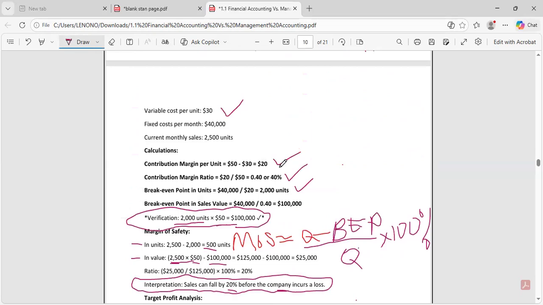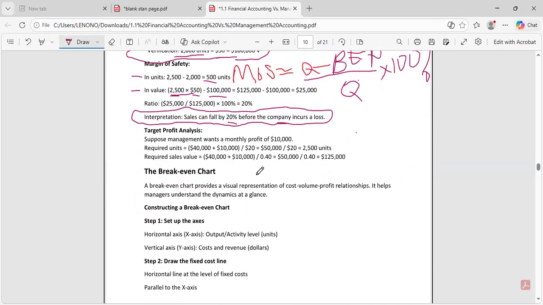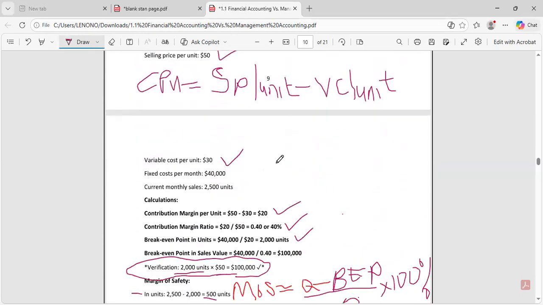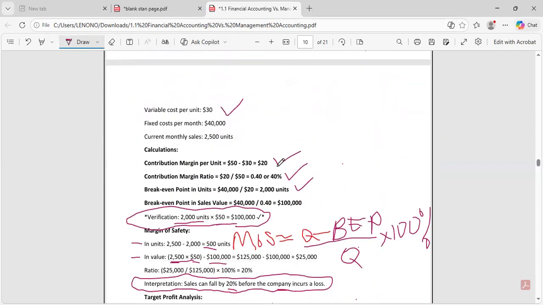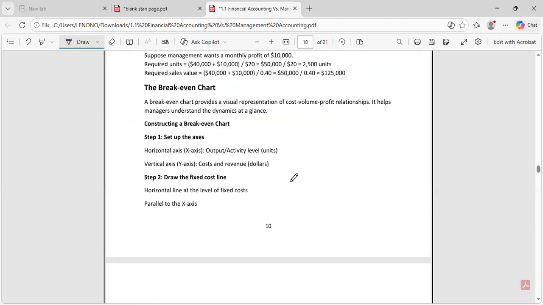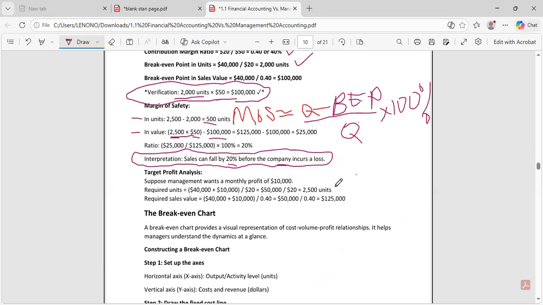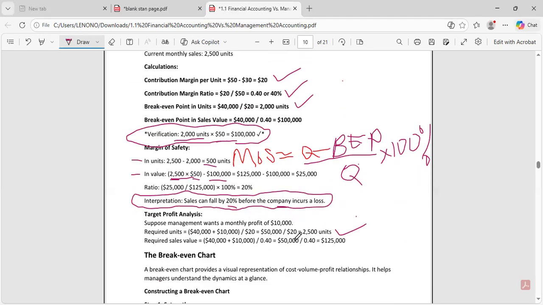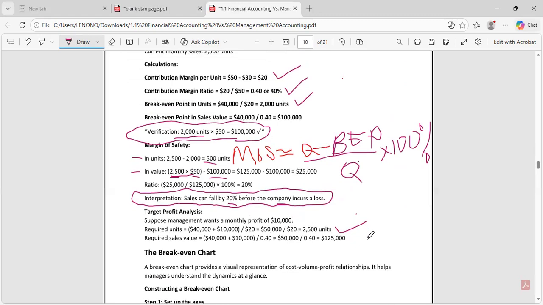Fixed cost of 40,000 plus the target profit of 10,000, over the contribution per unit of 20, gives us 2,500. So the required units will be 2,500 and the required sales value will be 125,000.